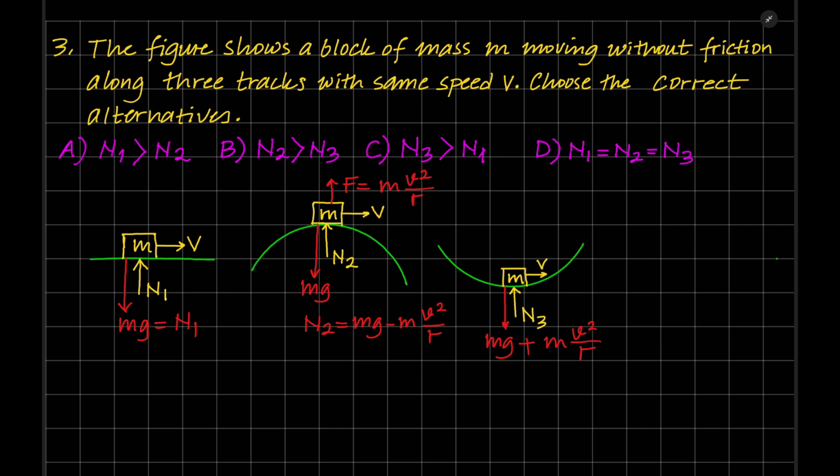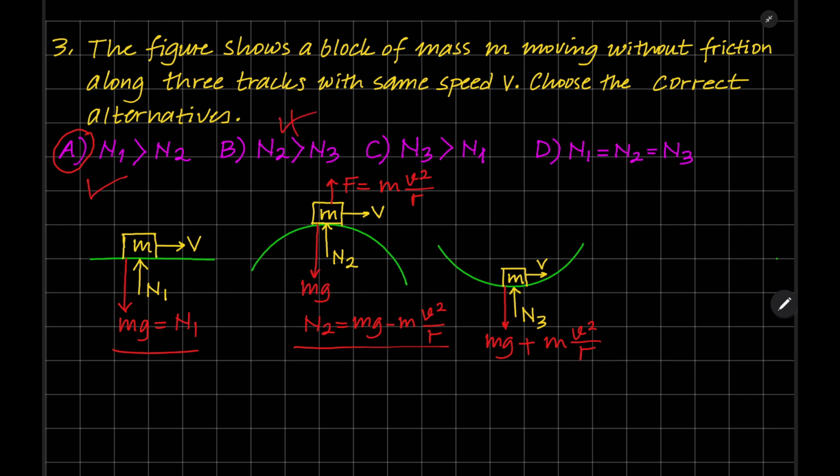If we check the options, it says N1 is greater than N2. Yes, that's true. Choice A is true. This is N1, this is N2. And choice B, N2 is greater than N3. N2 is not greater than N3.